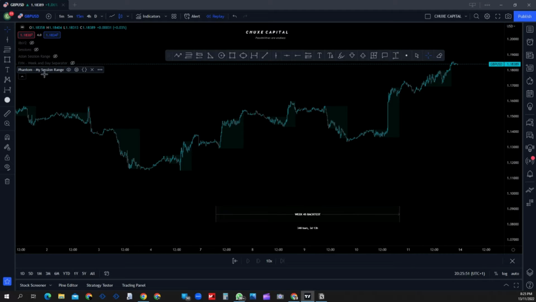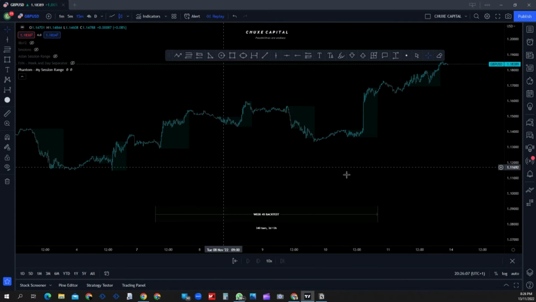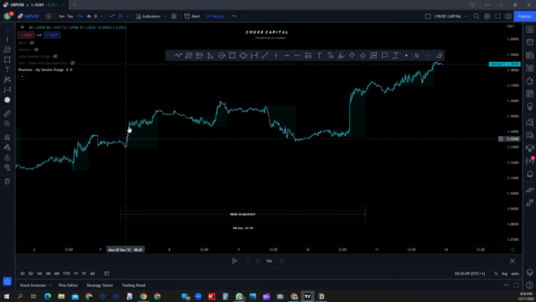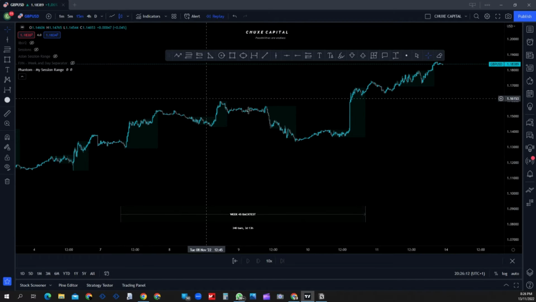Just in case you don't know, Phantom had this My Session Range indicator, so you can use that. Basically, you use that to set your defined trading period, which just shows the regions based on the time you trade.